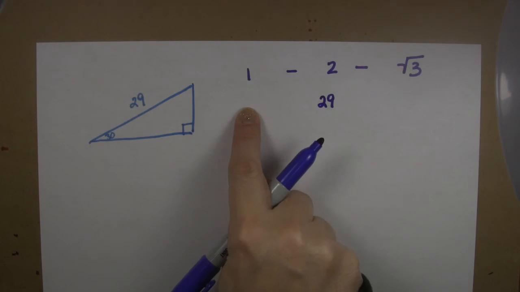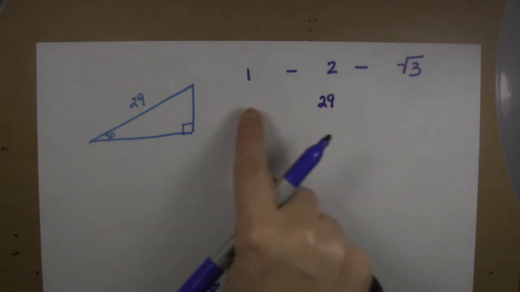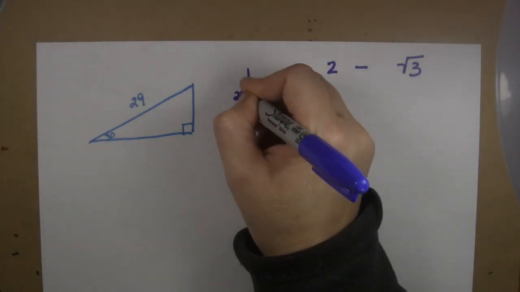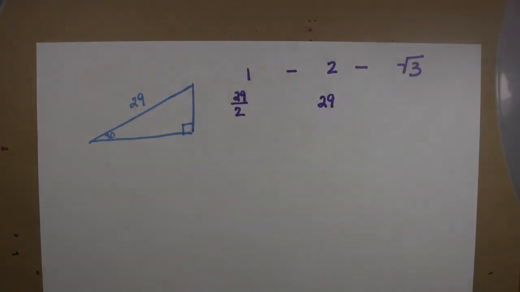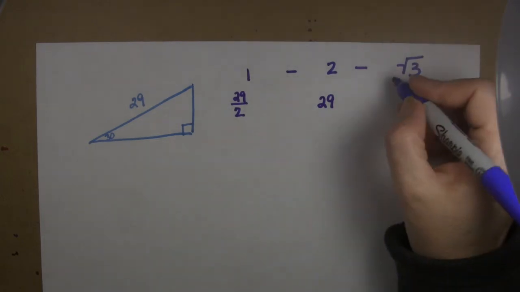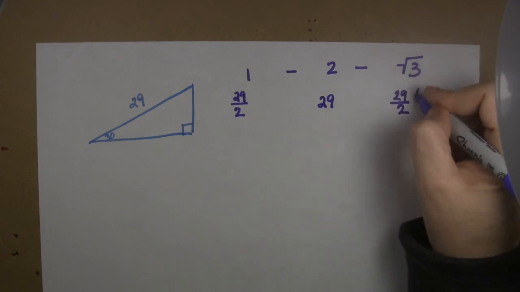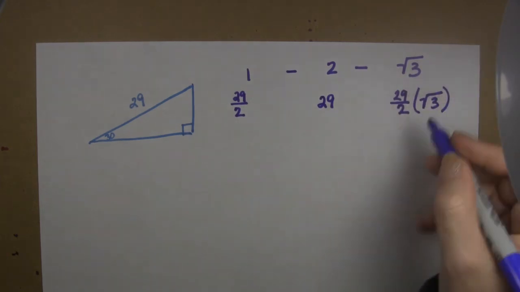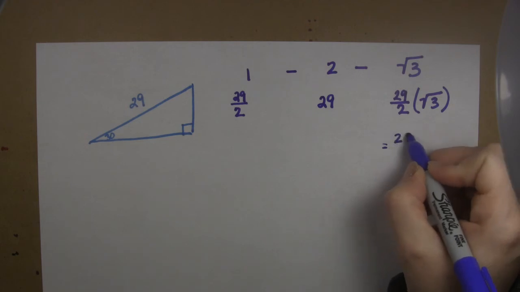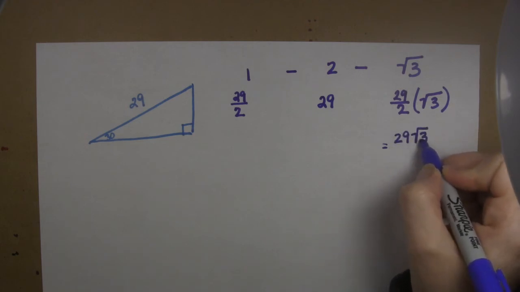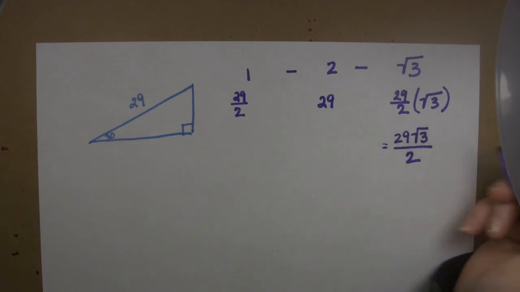And then this, our short side, is going to be half of that, which is 29 divided by 2. I'm just going to leave it in fraction form. You could convert it to a decimal if you wanted. That would be fine. But I'm just going to leave it in fraction form. And then over here, this is going to be 29 over 2 times root 3, which, for those of you who are playing along at home, that makes it 29 root 3 over 2.